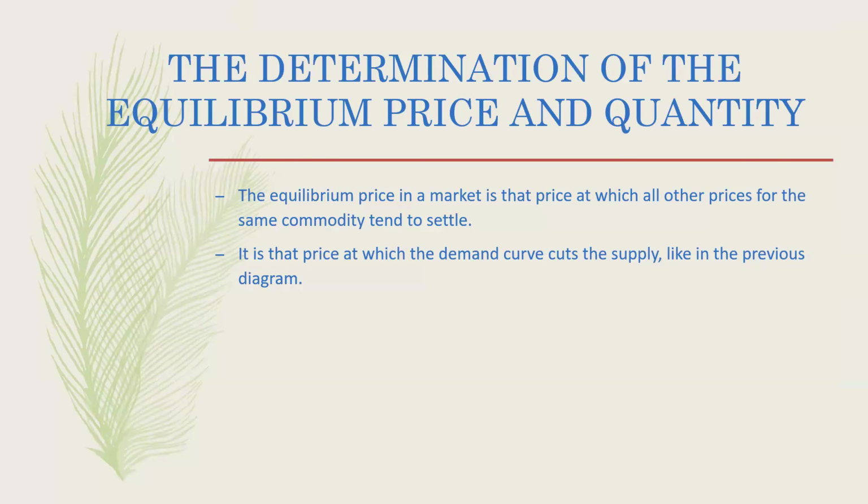You know what could happen? There's going to be disequilibrium. While equilibrium exists when demand is equal to supply, disequilibrium can occur whereby your demand is not equal to supply. Your price may be too high, above equilibrium, or it might be below equilibrium.